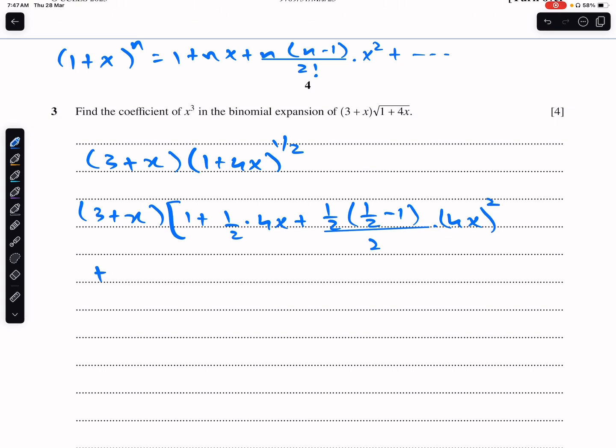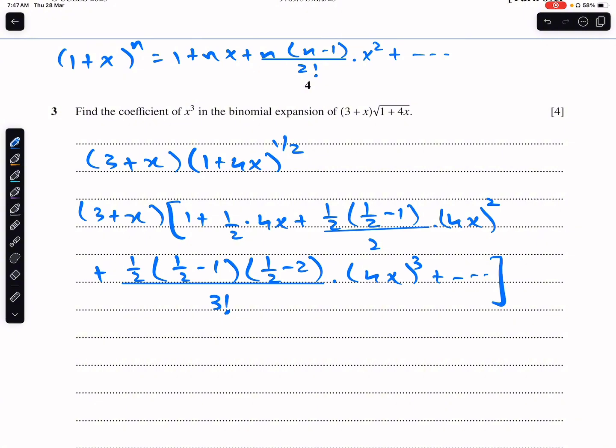The next term is 1 over 2 minus 1 times 1 over 2 minus 2 whole divided by 3 factorial, which is actually 6, and 4x cube and plus so on, okay?